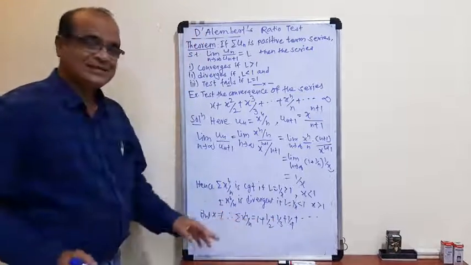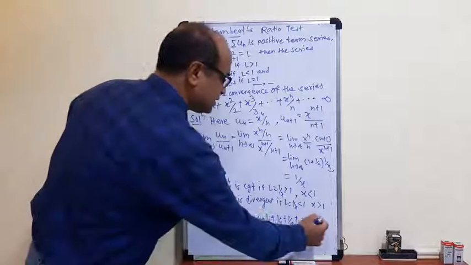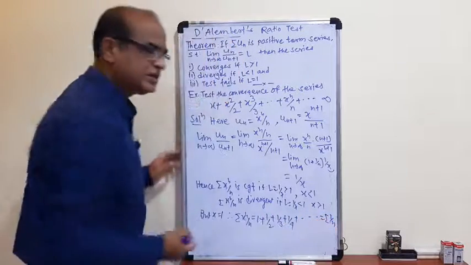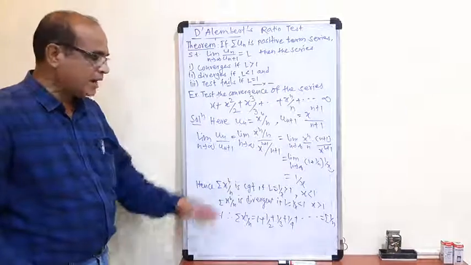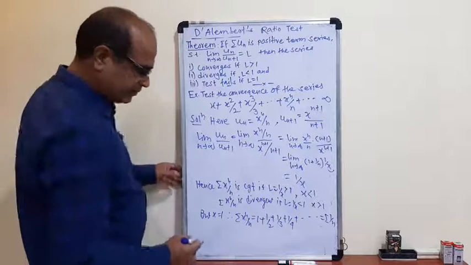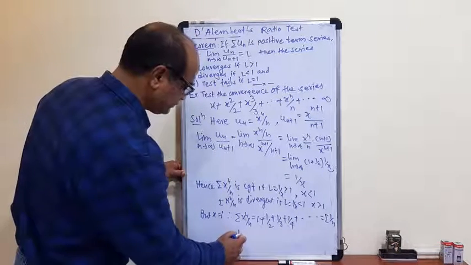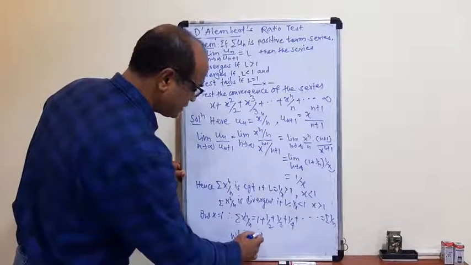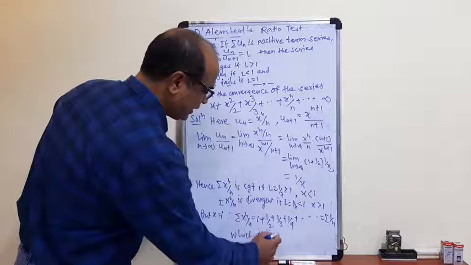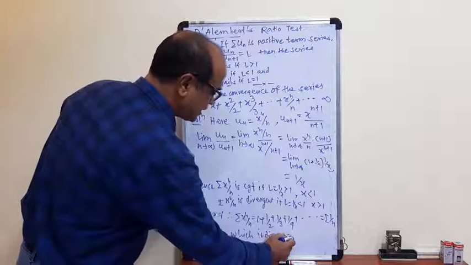But this series is a harmonic series, that is summation of 1 upon n. And how do we prove that? This series is a divergent series. The limit of this is infinity, so this is a divergent series.